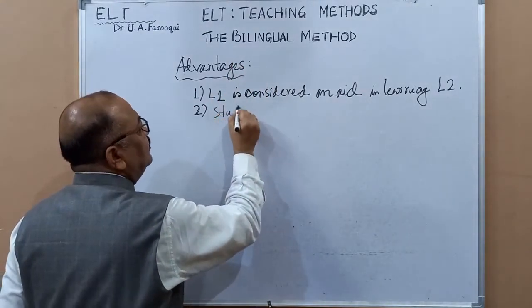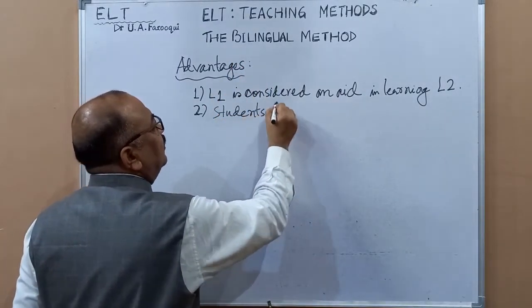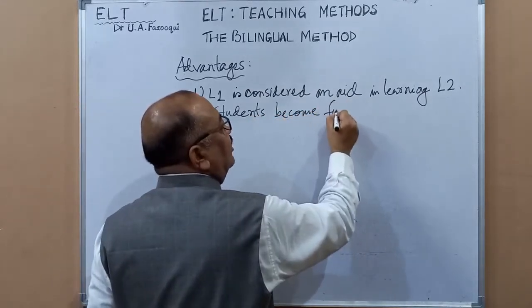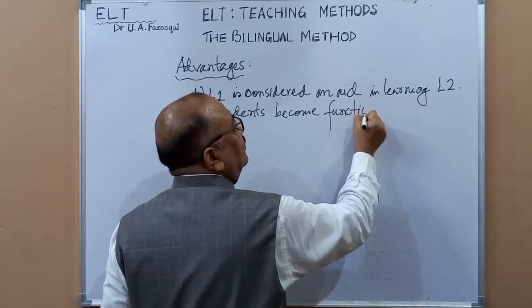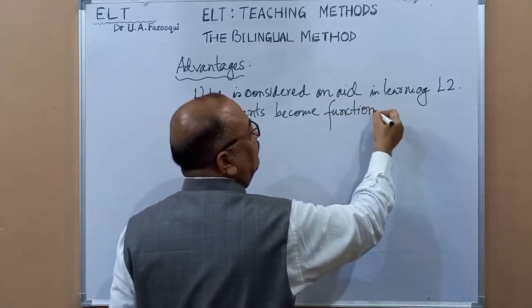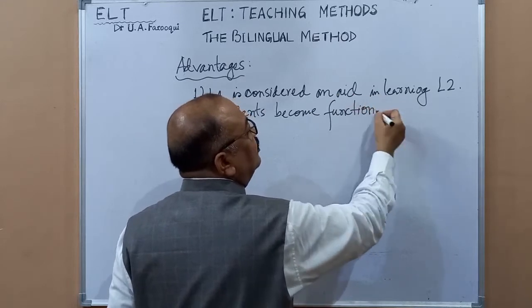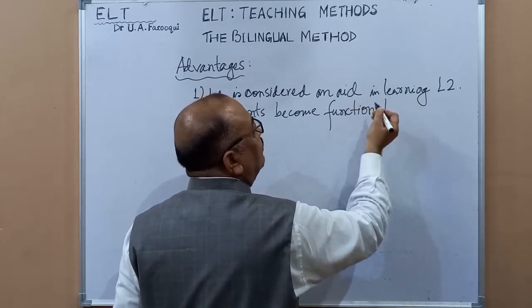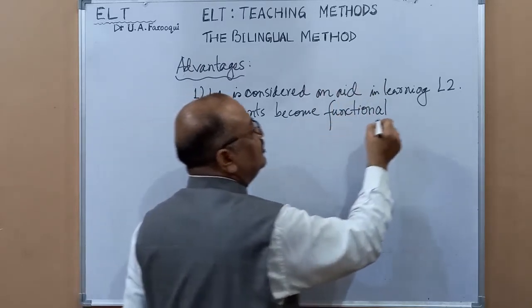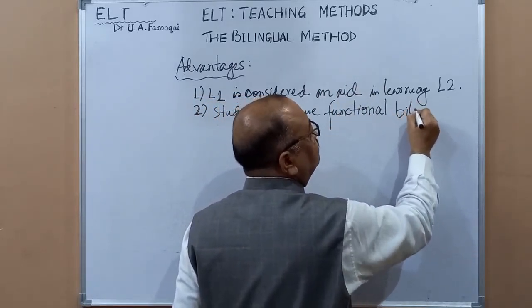Okay, let me write this. Students become functional bilinguals. Functional means they can use both the languages. They can make practical use of both the languages, the students who are taught through the bilingual method.